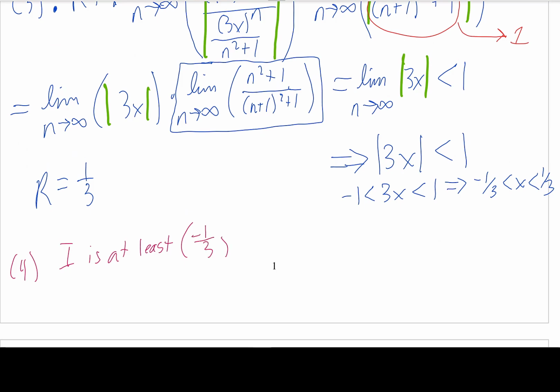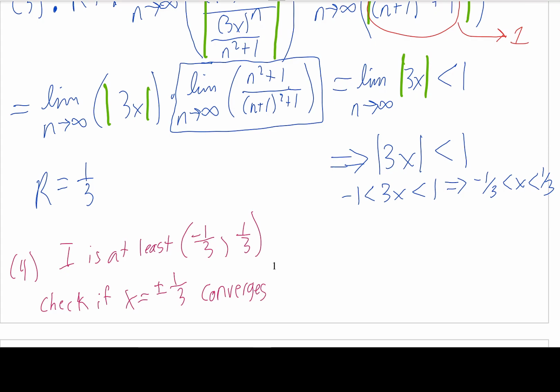And then we should have r plus a, so 1/3 plus 0. So what we need to do is check the endpoints. So what I'm saying is that we need to check if x equals plus or minus 1/3 converges.